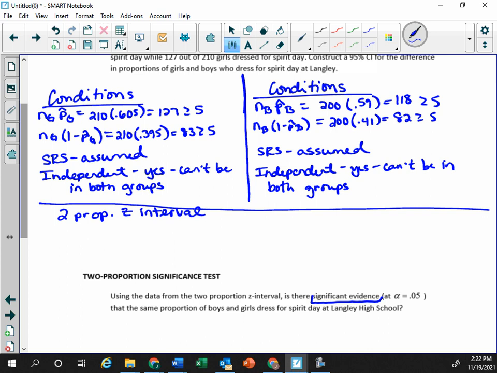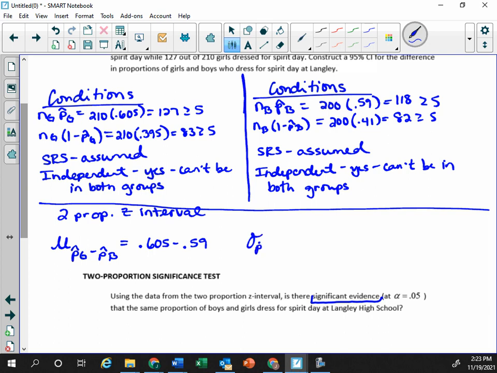We're going to do this on our calculator because it will do all of it for you. But just to make sure we know what we're looking at, p hat sub g minus p hat sub b. The mu of that is 0.605 minus 0.59. You can actually subtract them if you want to, or you can leave it like that.